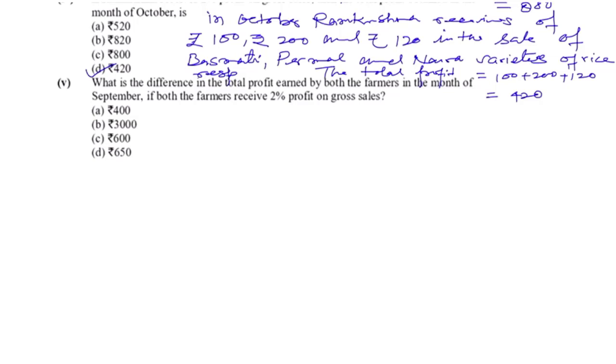In fifth part, what is the difference in the total profit earned by both farmers in the month of September, if both the farmers received 2% profit on the gross sales?